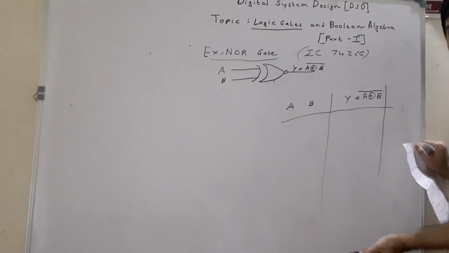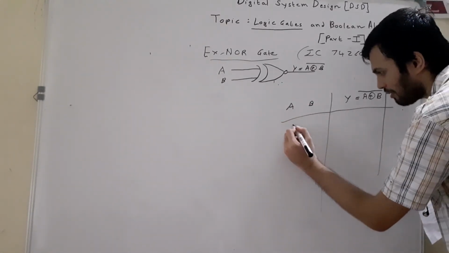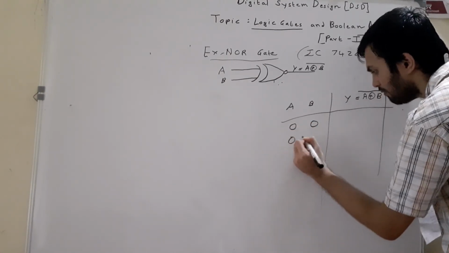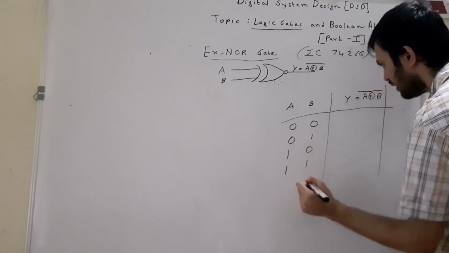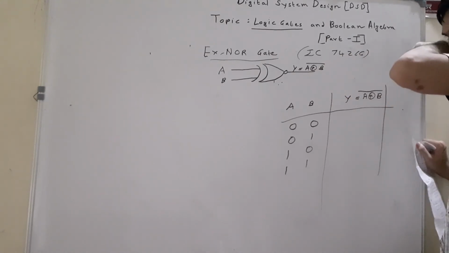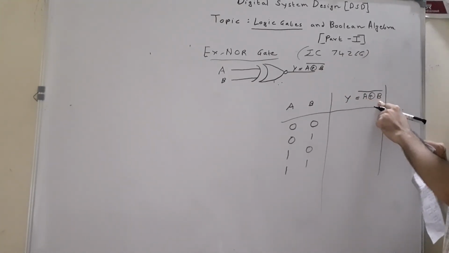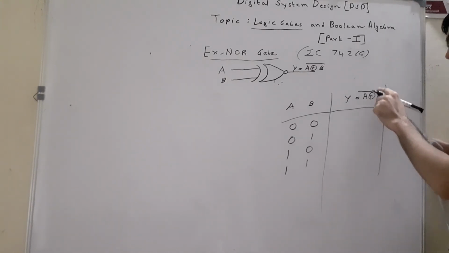Now we'll study its truth table. Now here we have 2 input bits. That's why 4 input combinations will be present: 0 0, 0 1, 1 0, 1 1. Now as you can see, the operation performed here is the complement of XOR operation. So XOR operation is nothing but A XOR B that we studied in the previous XOR gate, but just we are complementing it.